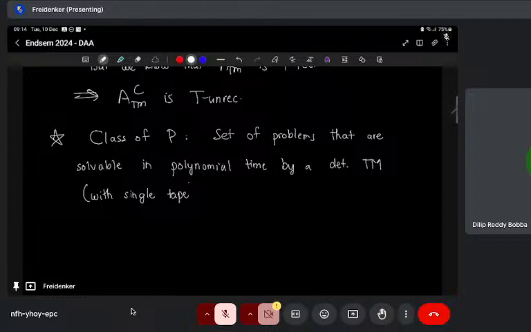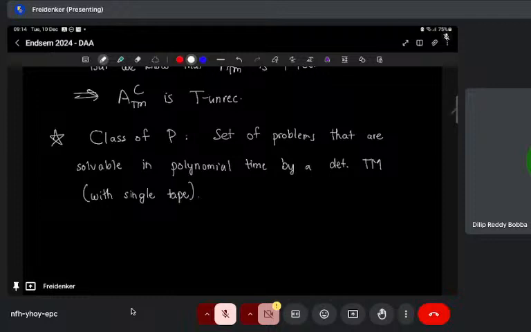Multi-tape and single tape are the same thing, but when time comes into the picture, I think they are different. But this is by definition. This is the definition of class of P. If you're not satisfying these conditions, then the problem won't be in class of P.